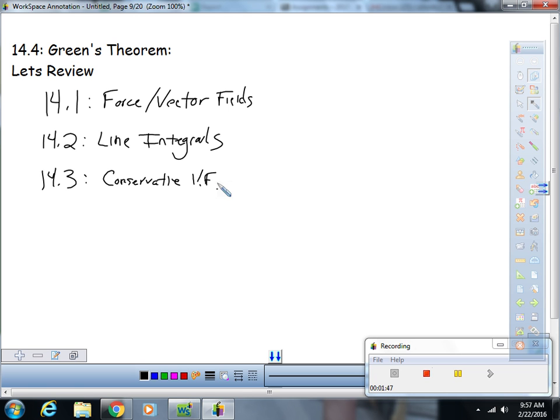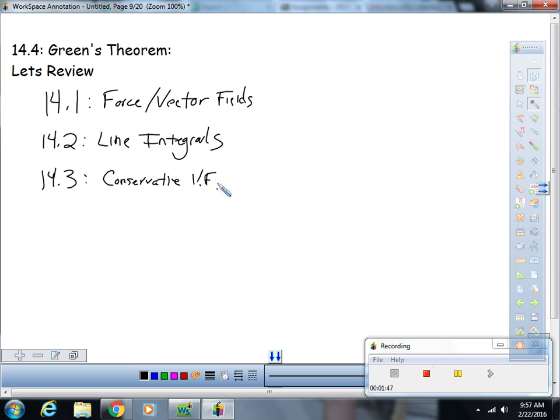Let's come back to that one because it's based on the first one. Yes, if the field is conservative, then the path that you take does not affect the work. It's independent of the path. That's a really important fact to remember about conservative vector fields. And since that's true, if the loop is closed, the work is 0. The way to think about that is because you could choose to go the path that you didn't go anywhere, and then your distance would be 0 and the work would be 0.